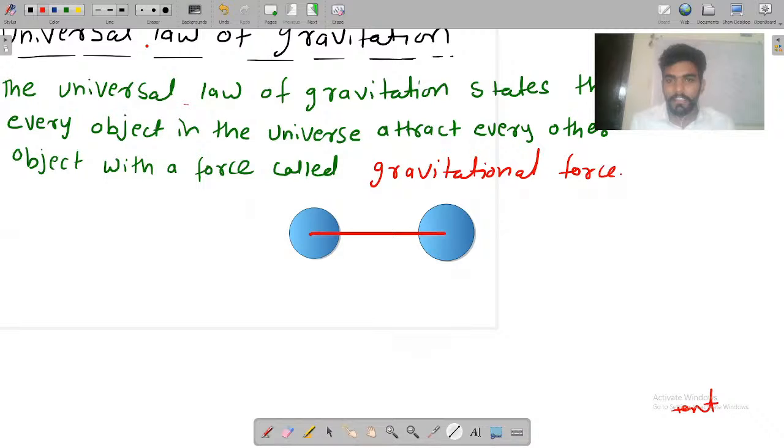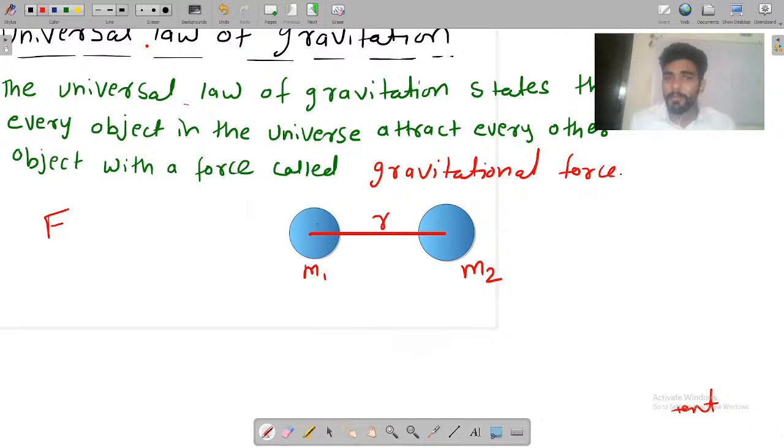Suppose I take two bodies and I am calculating the force between them. This body has mass m1, this body has mass m2, and the distance between them is small r.